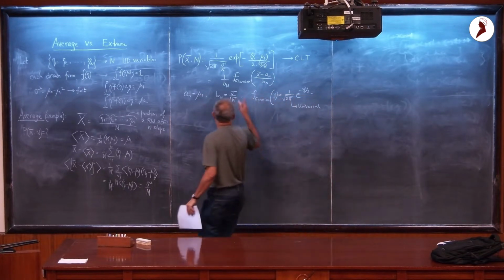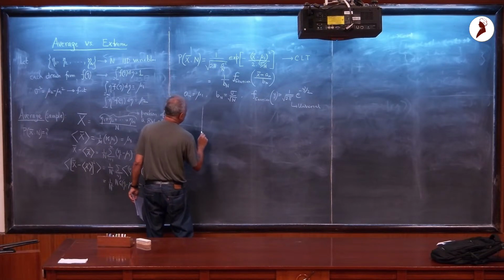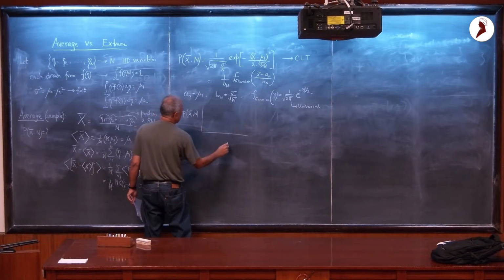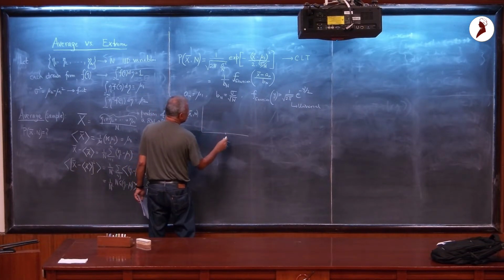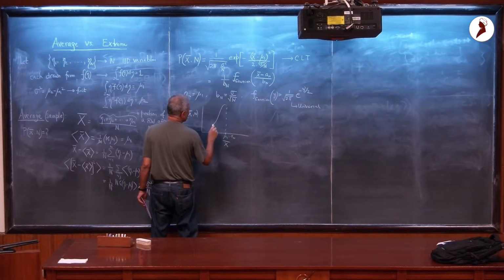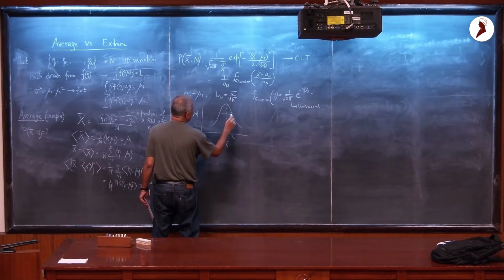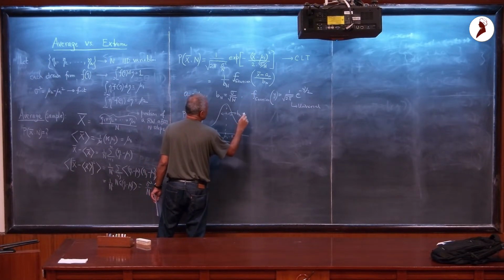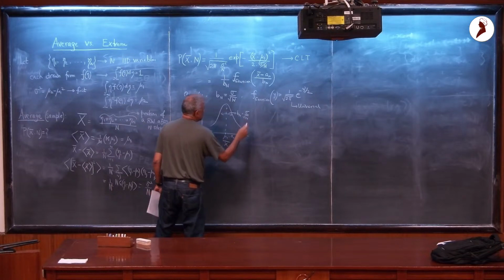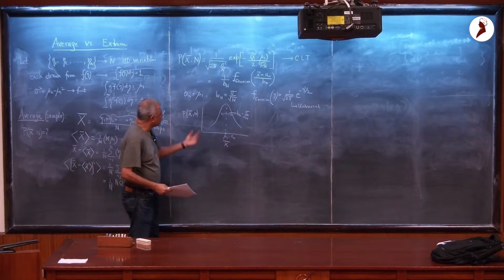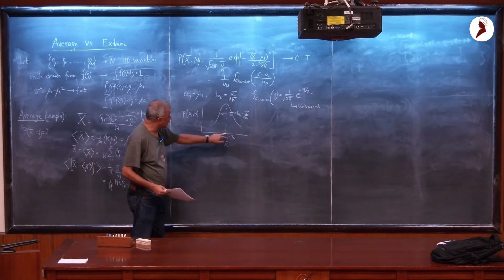So if I plot this function, its mean is at mu 1 or an if you like, and it is a Gaussian distribution around this mean with a width which is measured by this bn, and that goes like sigma by root n. So as n goes to infinity, this width decreases, it becomes narrower and narrower. Eventually, of course, it goes to a delta function centered around the mean.